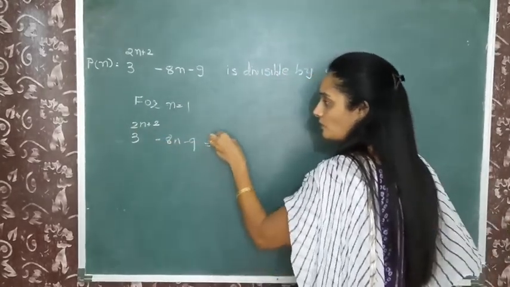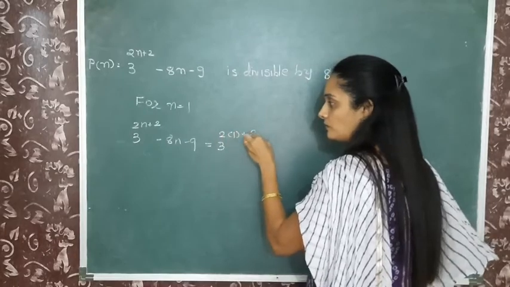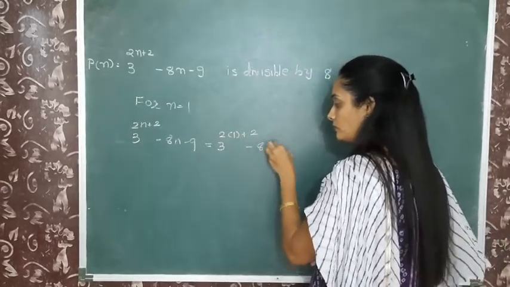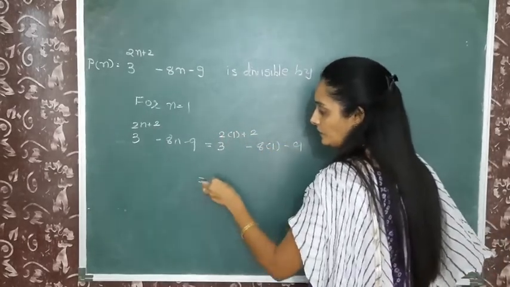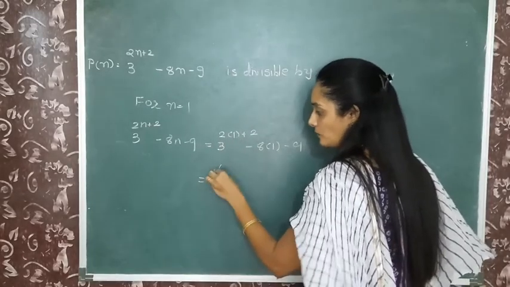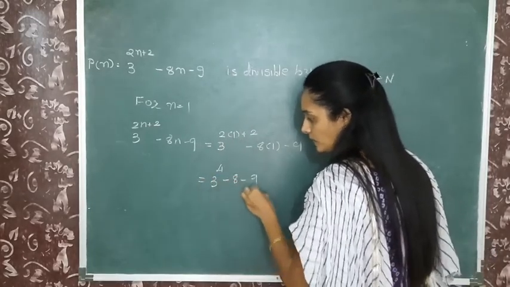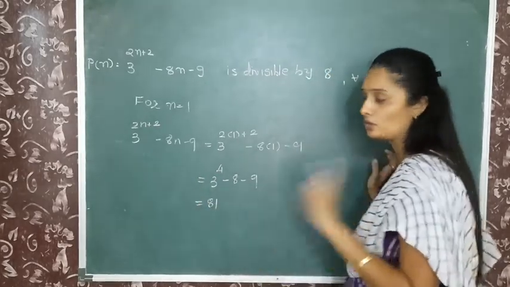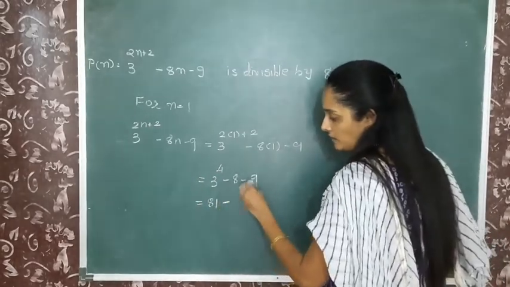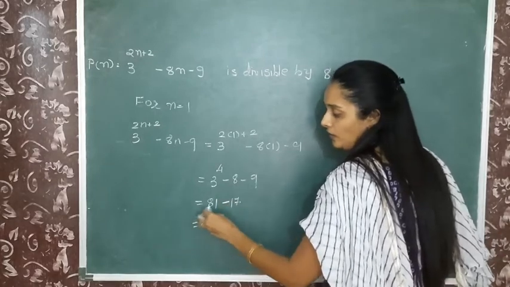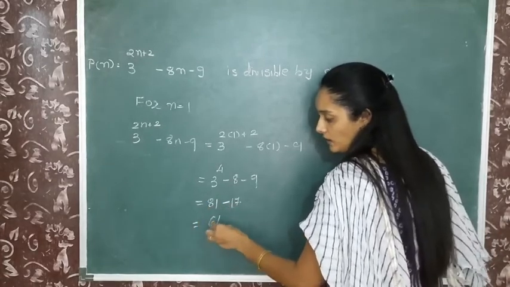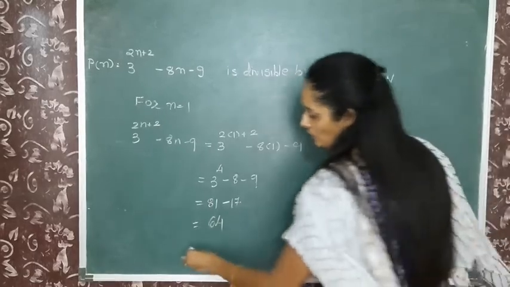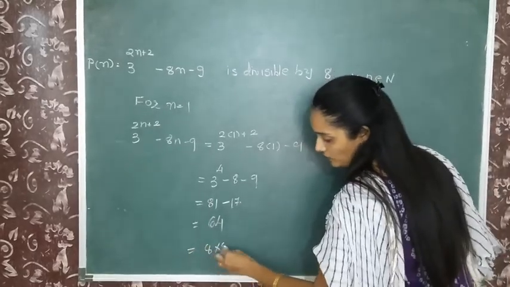Here we have 3 raised to 2 plus 2, that means 3 raised to 4, which is 81, that is 3 into 3 into 3 into 3, four times, minus 8 minus 9, so minus 17. 81 minus 17 gives 64, and we know 64 can be written as 8 into 8.